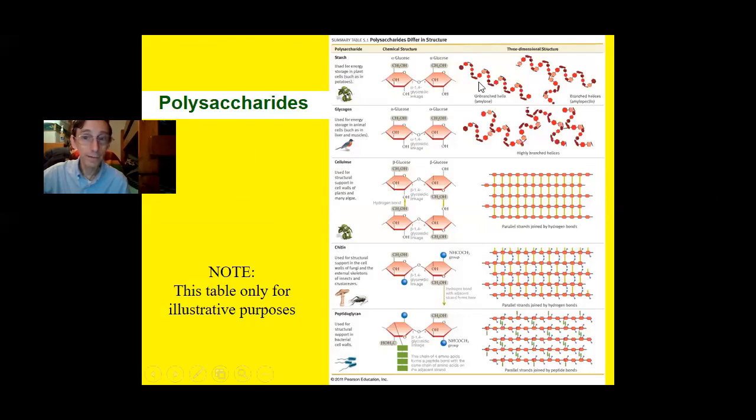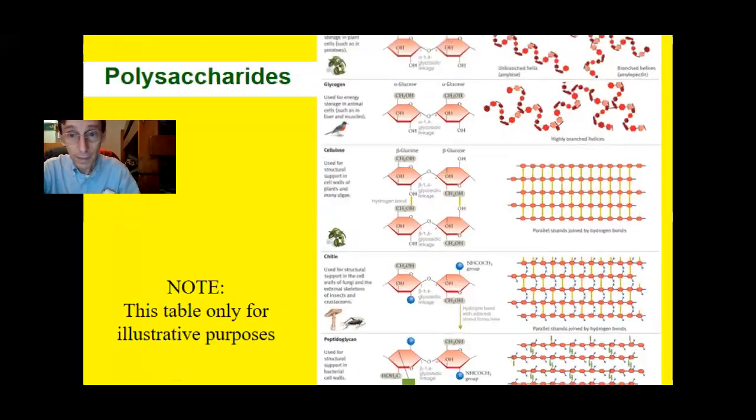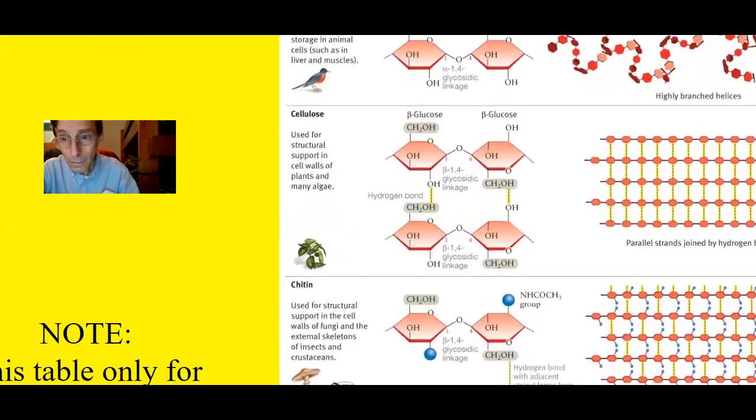polysaccharides. There's starch, linear molecule, glycogen, a branching molecule, but still linear. Cellulose, what it is is many linear molecules of glucose hooked together, one after the other. But besides having a linear molecule, it's also branched.